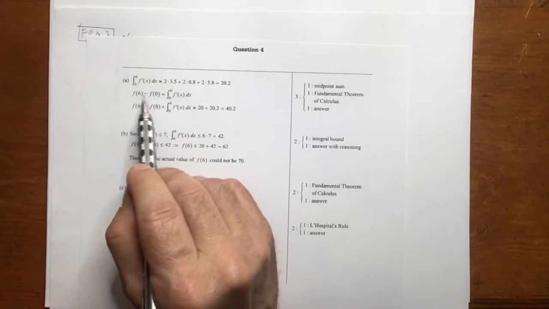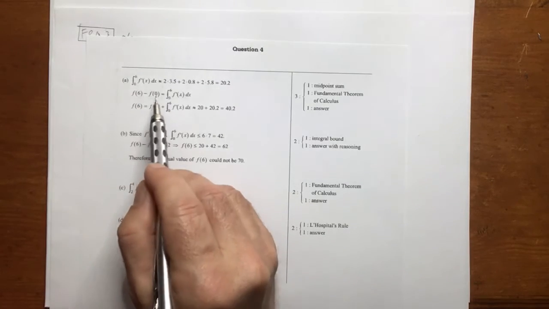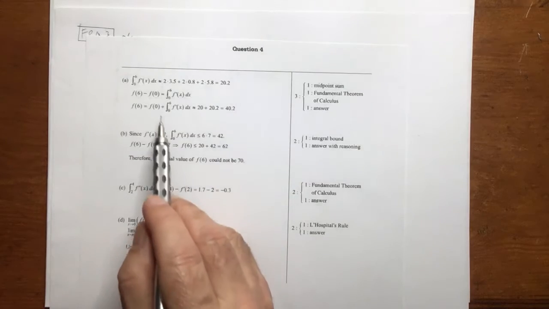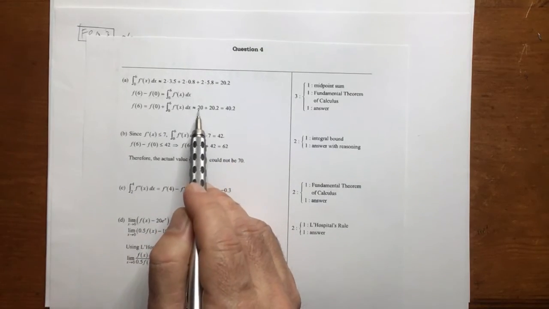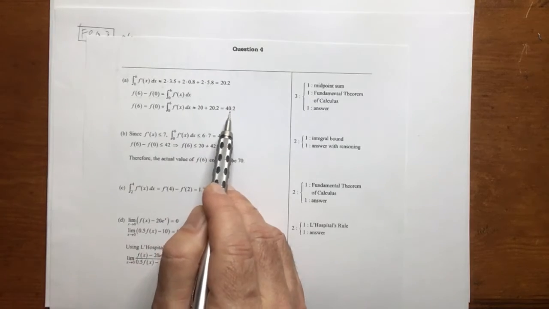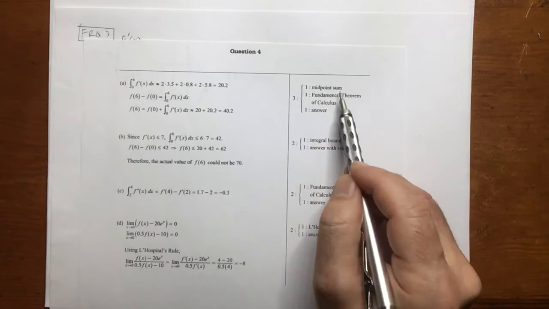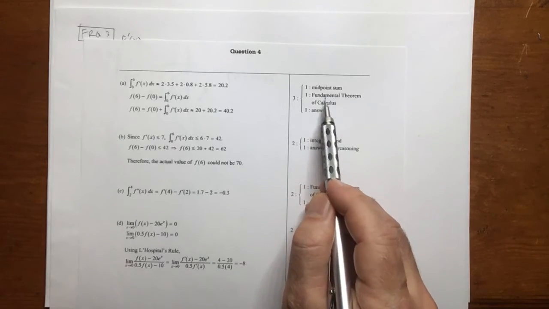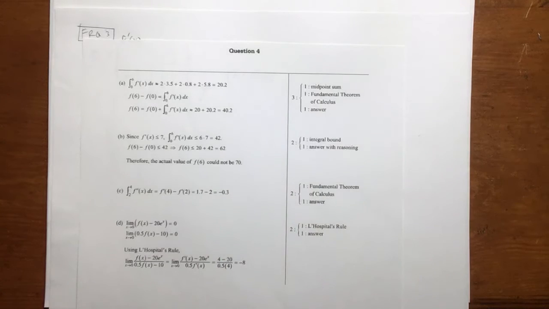So it's equivalent to that. Okay, and what we're looking for is this right here. So I would add this to this side. And this is our approximation, the 20.2, and we were given that f of 0 was 20. Okay, and note their scoring. 1 point for the midpoint sum, 1 point for the fundamental theorem part 2, and finally 1 for the answer.